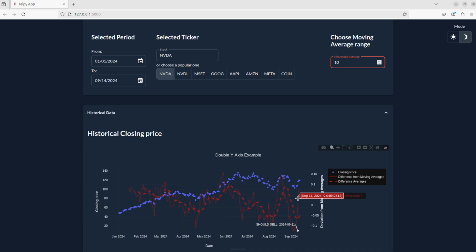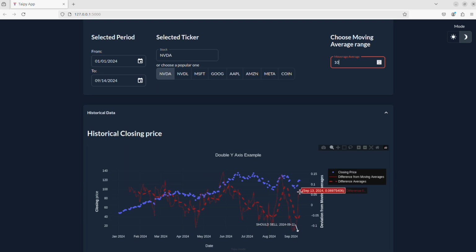So this might trigger me to sell that day, because it was already a big spike from the average, and I did actually sell that day. But later on September 12th, it shot up even more, to a deviation of up to 7%.